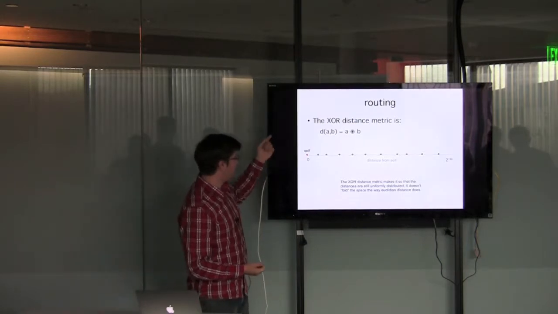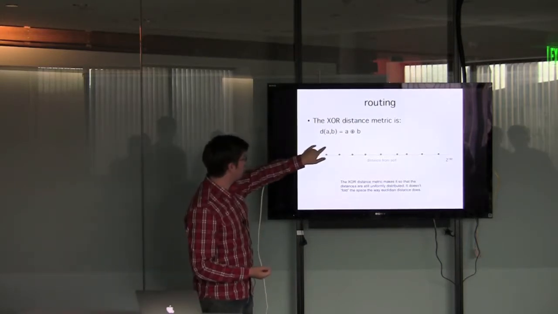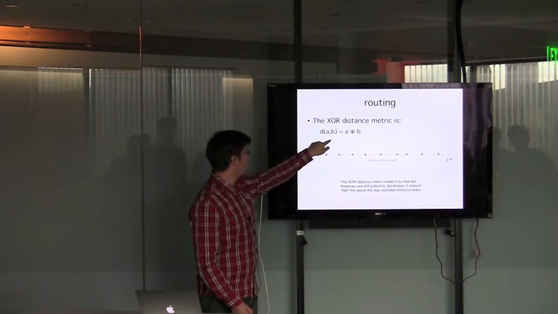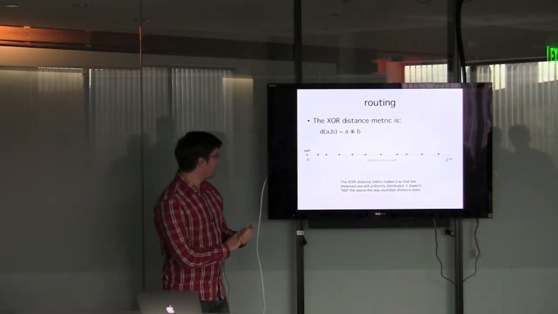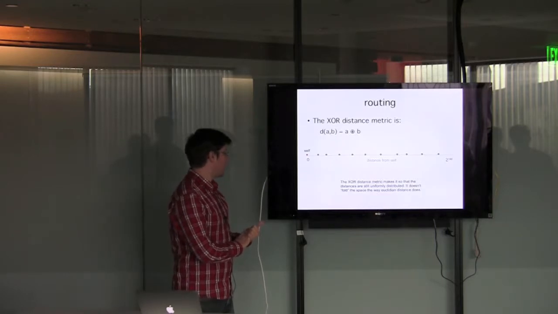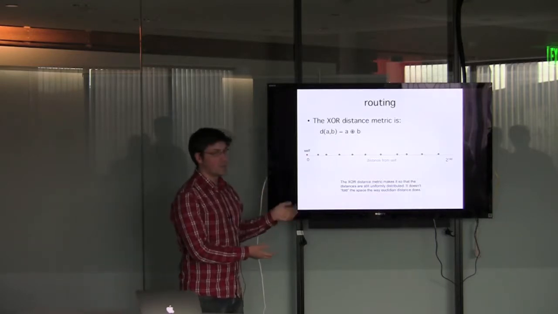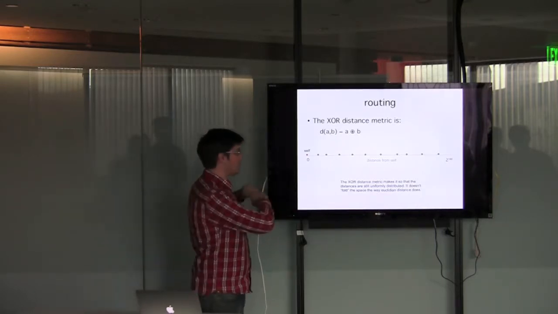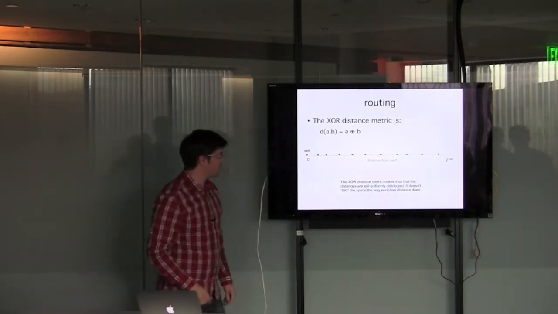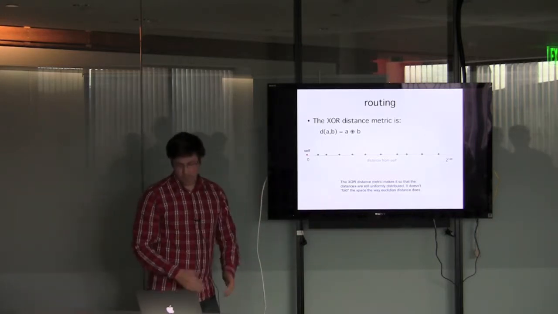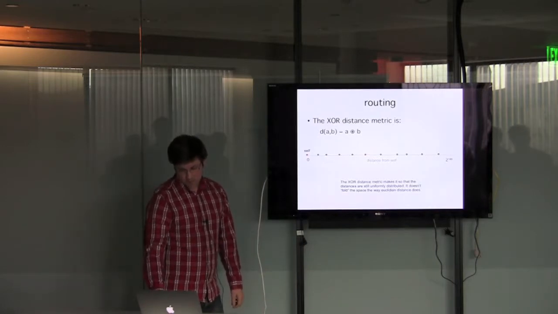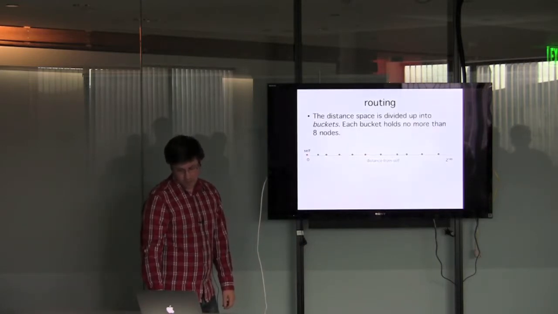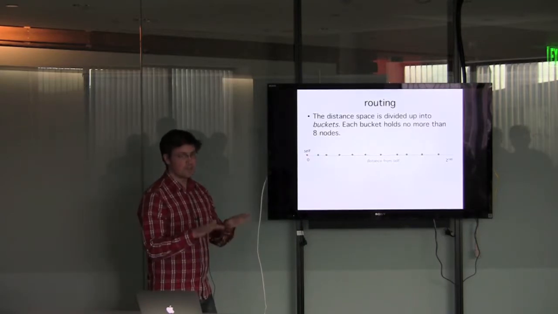Essentially, the distance between A and B is A XOR B. The nice property here is that the distance metric keeps everyone uniformly distributed across this space. Let's let that sink in a little bit.